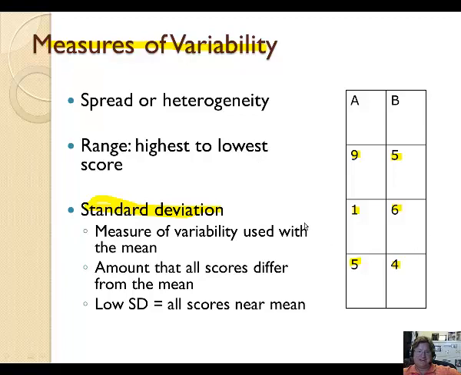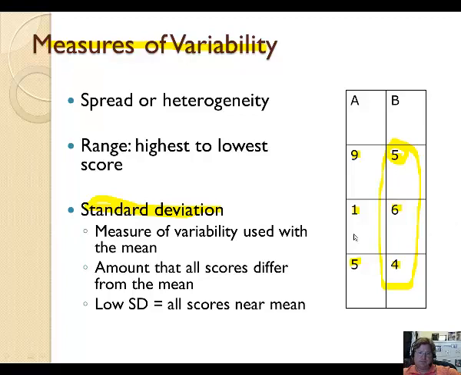So just by eyeballing these two examples here, I would say that this group here has a low standard deviation because all of the scores, there's only 3 of them, but all of the scores are close to the mean, which we know is going to be 5.